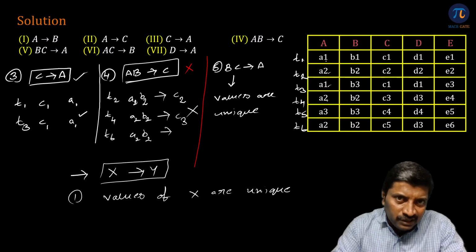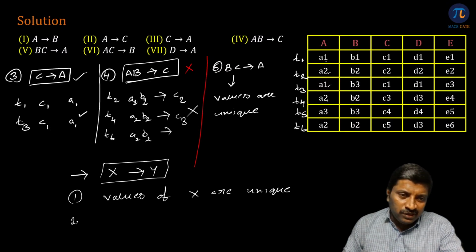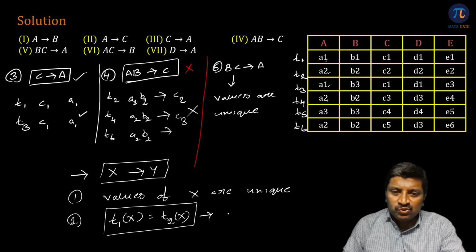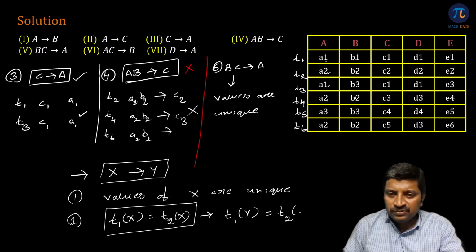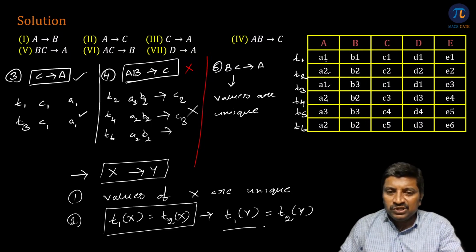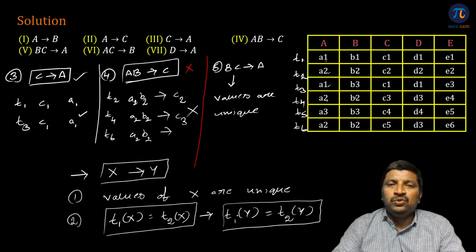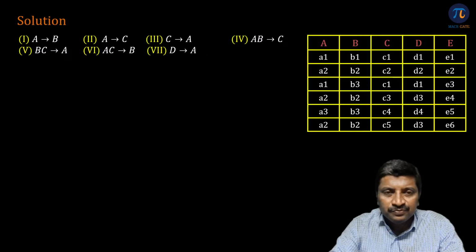If not unique, then we need to consider the tuples in which X is having same value. In those two tuples or three tuples, we need to have same value for Y also. So these are the two conditions we need to verify for any given functional dependency. Hope you understood the process.